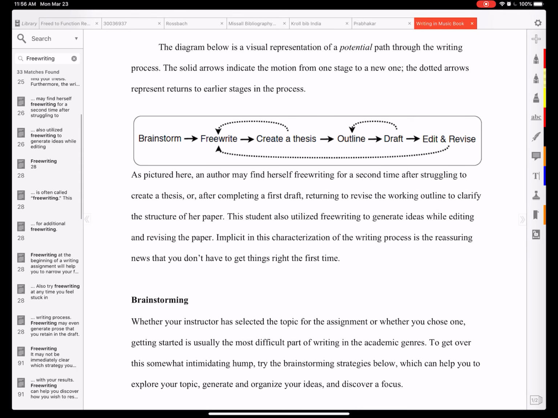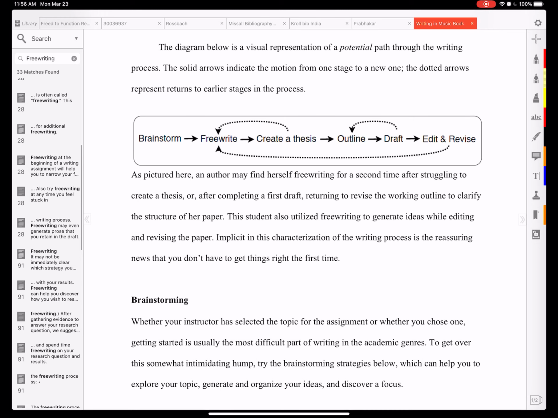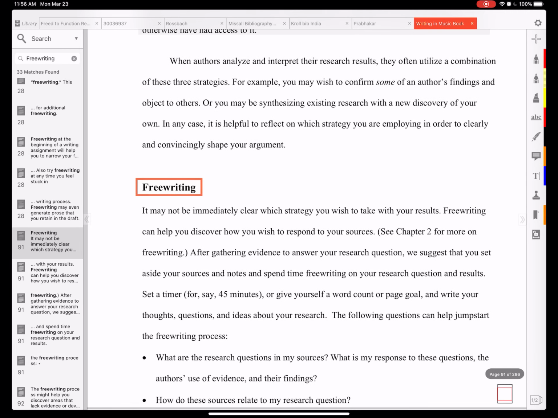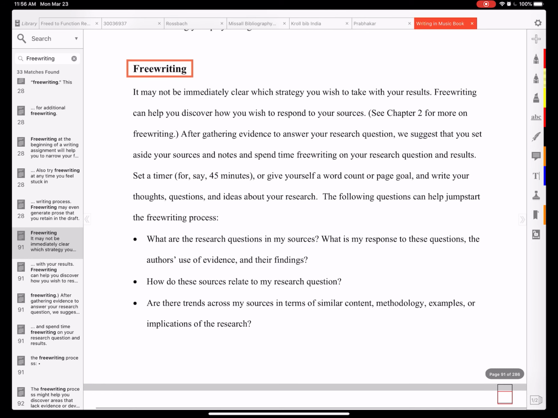But in terms of the research paper, specifically, I want you to pay particular attention to page 91 in the chapter about writing a research paper. So this gives you specific instructions on how to do some free writing.